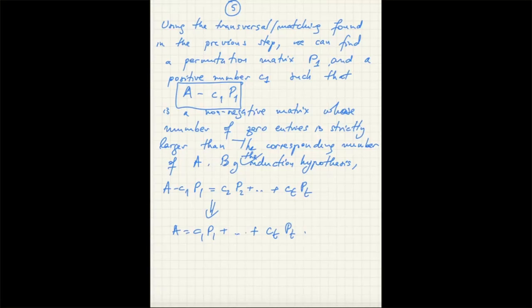So that's a recursive procedure to write this doubly stochastic matrix as a linear combination of permutation matrices.